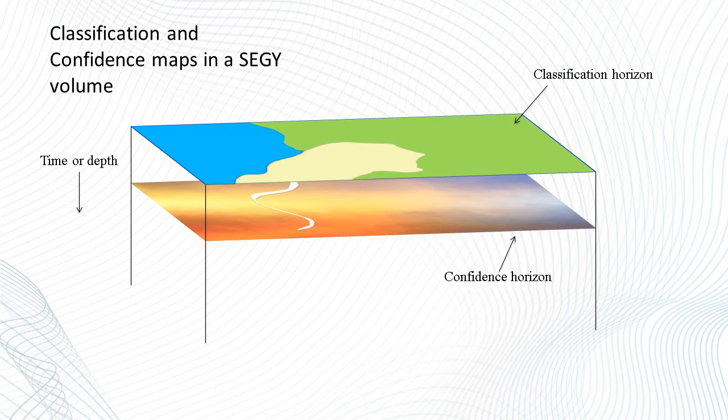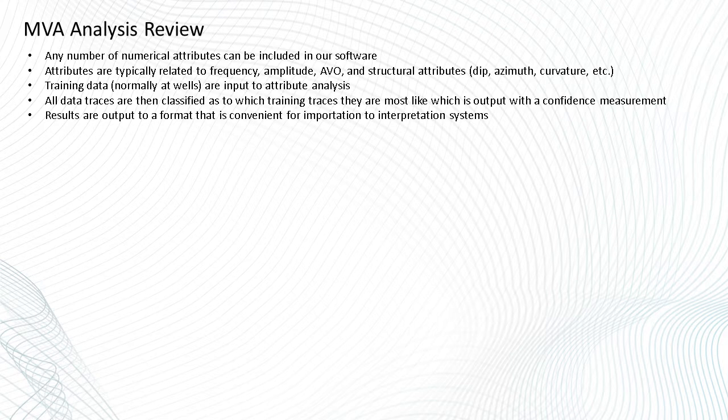As a quick review of what we've just covered, any number of numerical attributes can be included in our software. Attributes are typically related to frequency, amplitude, AVO, structural attributes such as dip, azimuth, curvature, etc. The training data are normally at wells where we know something about the tops and the stratigraphy, and those are input to an attribute analysis that separates the attributes from one another and gives us the best separation between the training data sets.